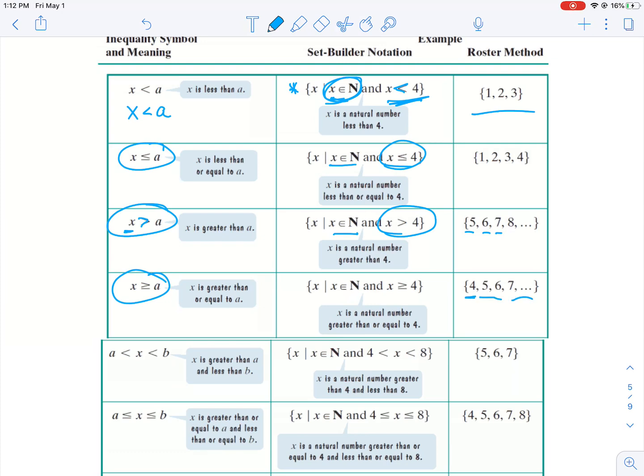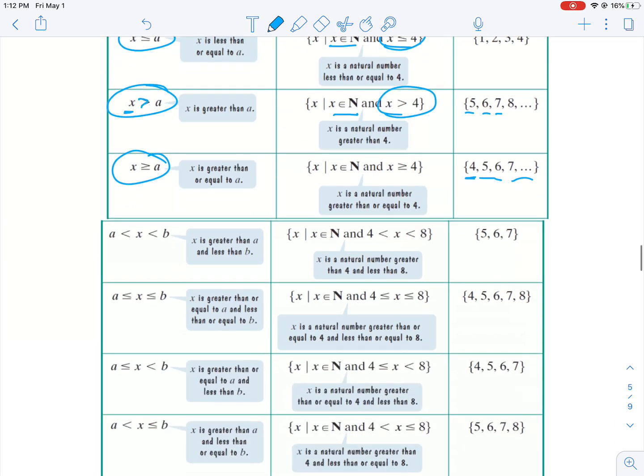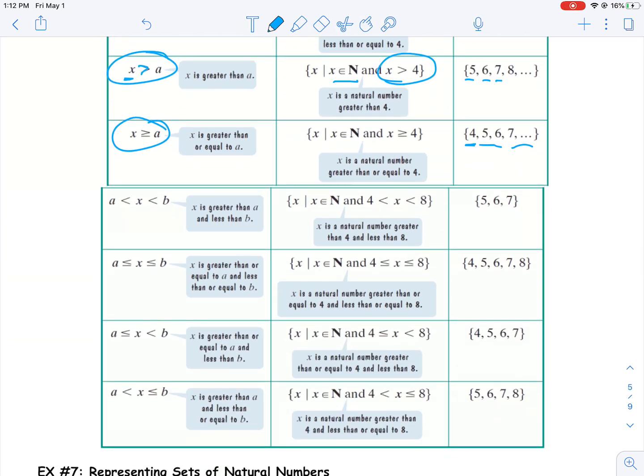We might also have more of a compound inequality situation, something that looks like this, where this says x is greater than a, but less than b. So in this example, if I'm a natural number, and I want x to be greater than 4, but less than 8. Well, what numbers are greater than 4 and less than 8? Well, that includes the numbers 5, 6, and 7.